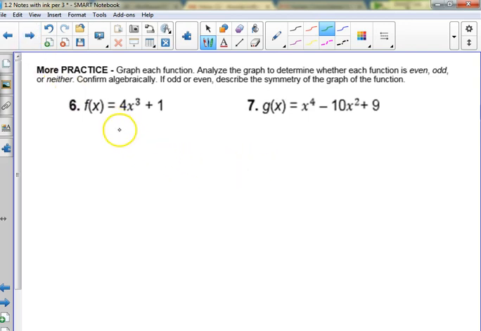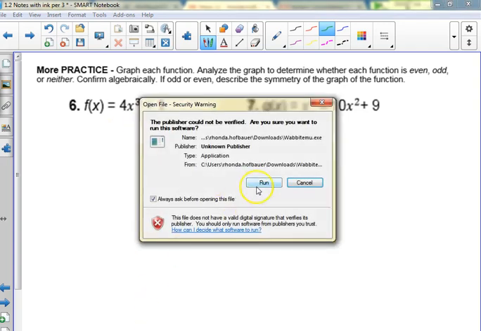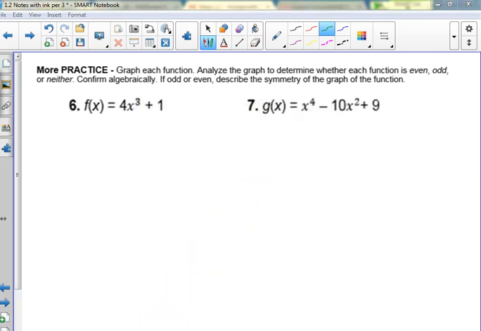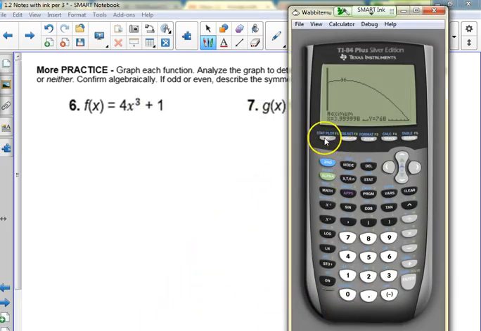All right. So let's try this one. Even, odd, or neither? I might just try a standard window to start with.